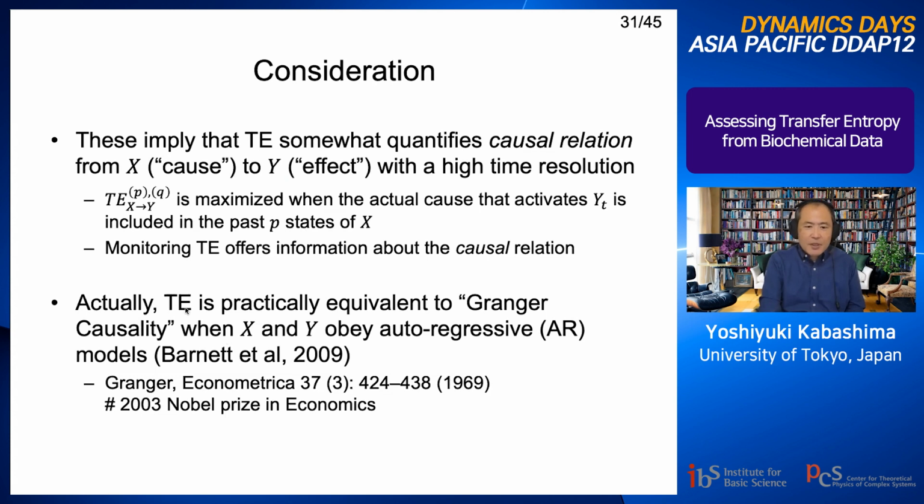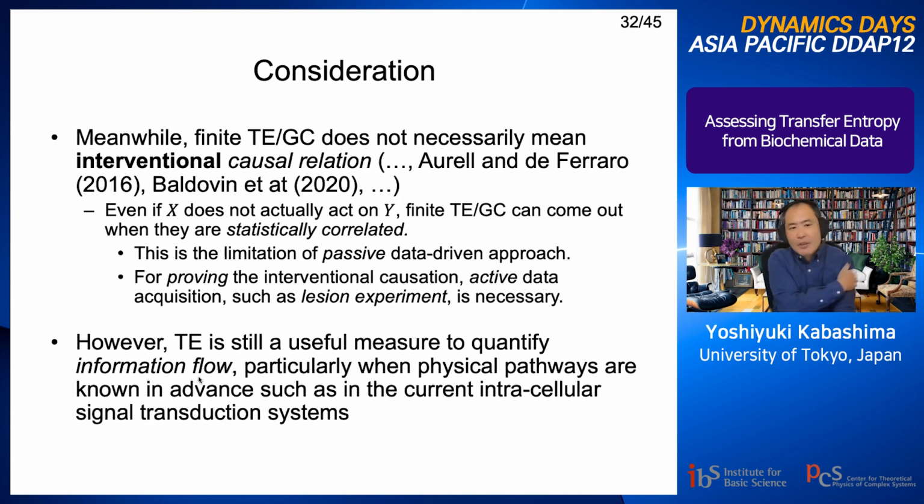And actually, transfer entropy is practically equivalent to Granger causality when X and Y obey autoregressive models. Okay. On the other hand, finite transfer entropy does not necessarily mean an interventional causal relation. So even if X does not actually act on Y, finite transfer entropy can come out when they are statistically correlated.